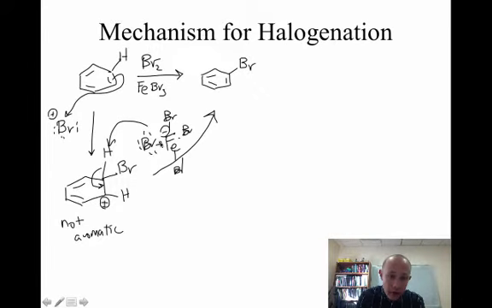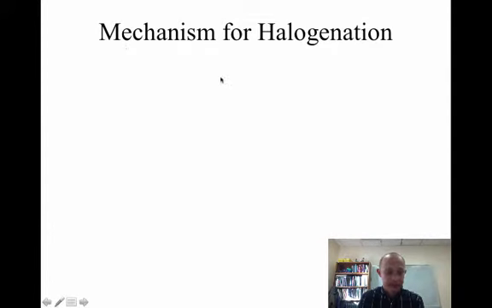We should probably show this coming from the bond, because now what happens is we regenerate our catalyst, so we have FeBr3 plus HBr, right? And so that's how we lose this hydrogen. It gets deprotonated by this base. These 2 electrons are restored as a pi bond, so we go from an aromatic compound to an aromatic compound. That way we don't lose the stability associated with aromaticity.